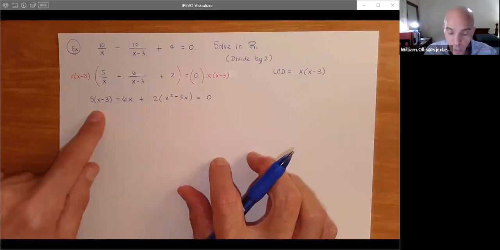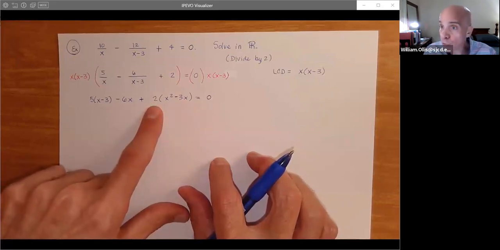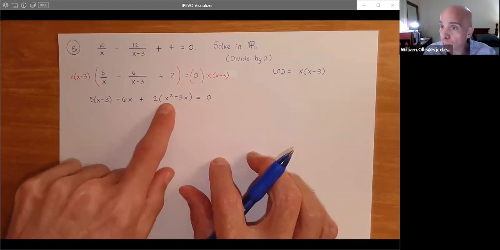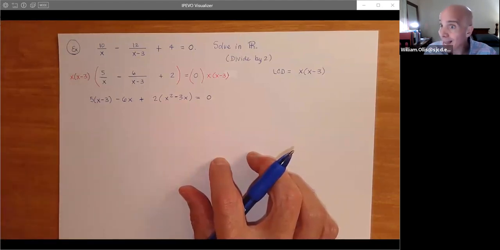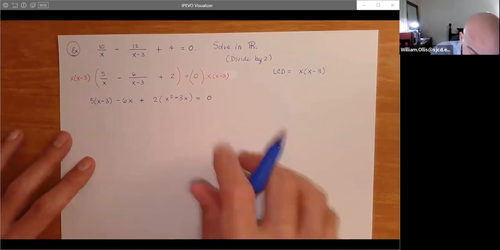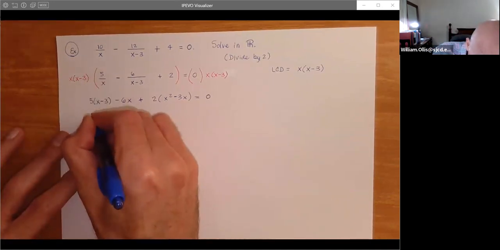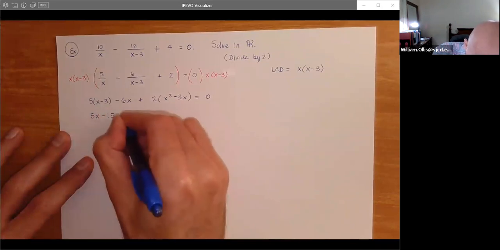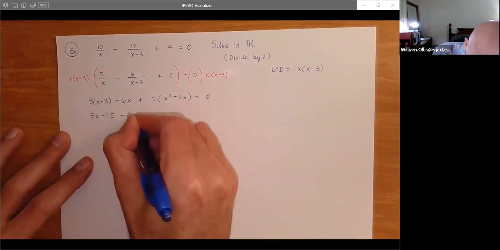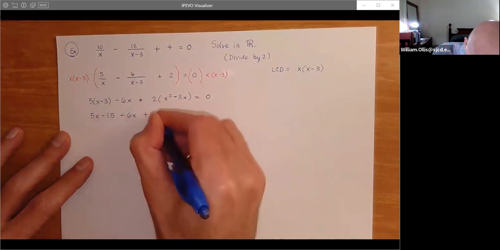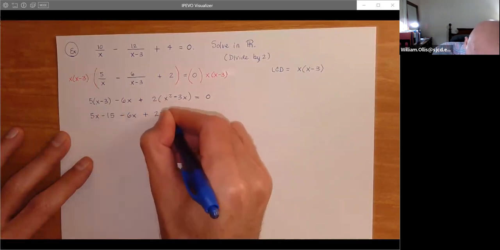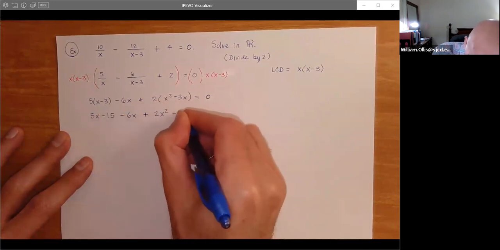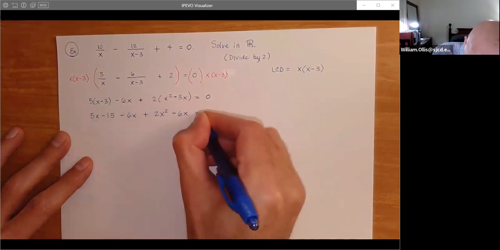So now we have an equation that's clearly quadratic. We've got a squared term. So let's combine terms, make it more simple. So we have 5x minus 15 minus 6x plus 2x squared minus 6x equals 0.